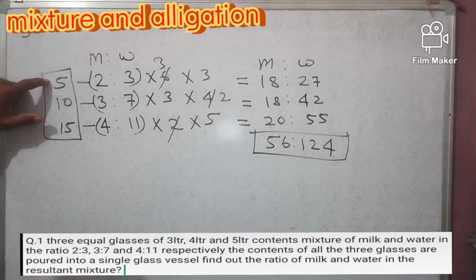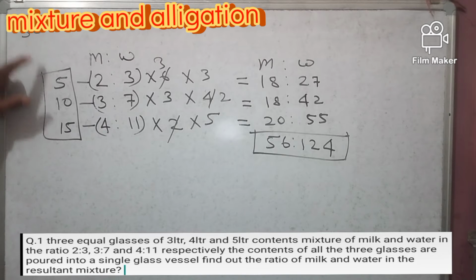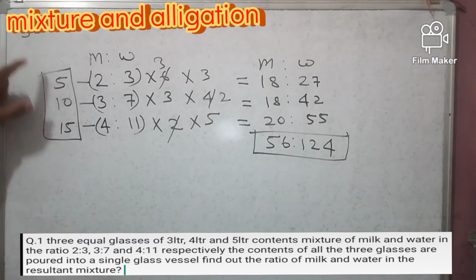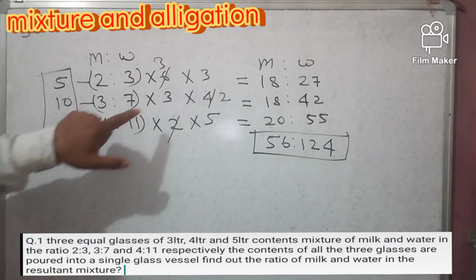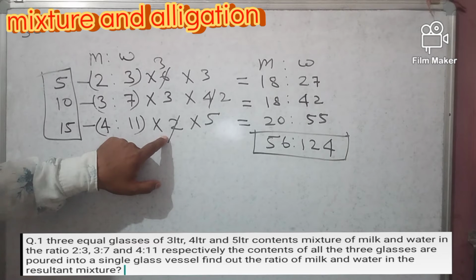Now see here, in the first vessel 5 parts, second vessel 10 parts and third vessel 15 parts. So take LCM for making same. LCM will be 30, so 5 goes 6 times, multiply with 6, 10 goes 3 times, so multiply with 3, and 15 goes 2 times, so multiply with 2.